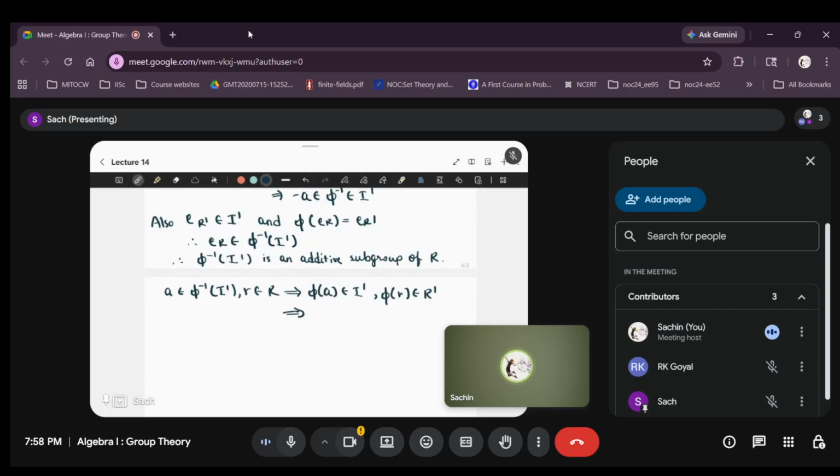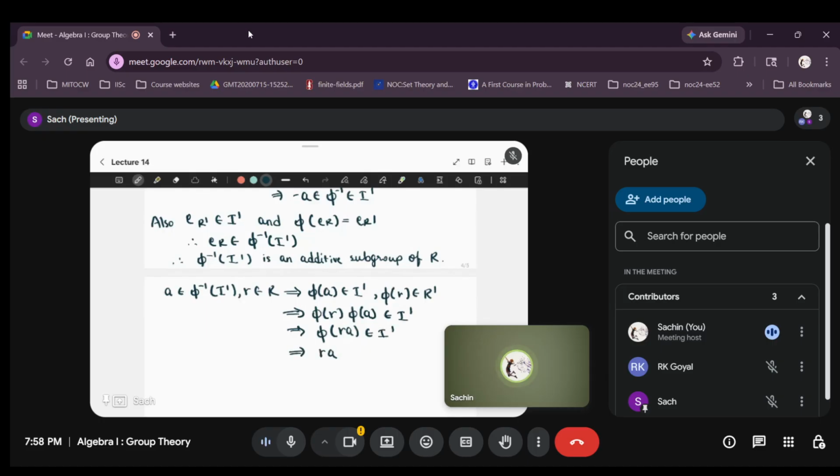So this means phi of r times phi of A is in I prime because I prime is an ideal. If we multiply any ideal element with a ring element, it is also in the ideal. But by the homomorphism property, this is phi of rA.